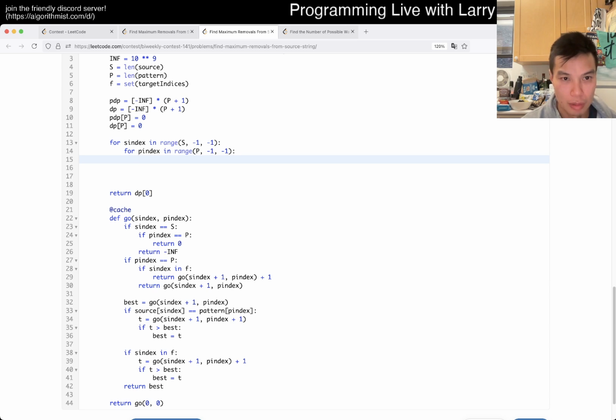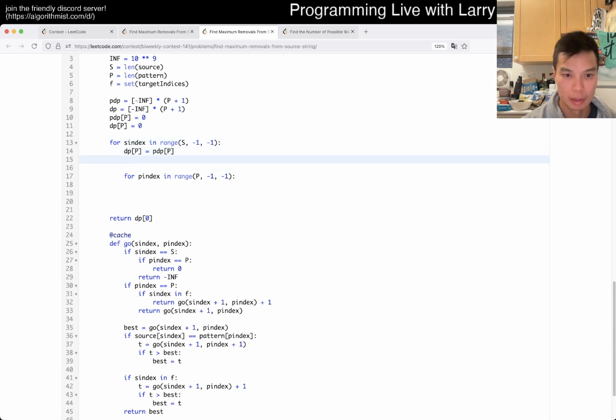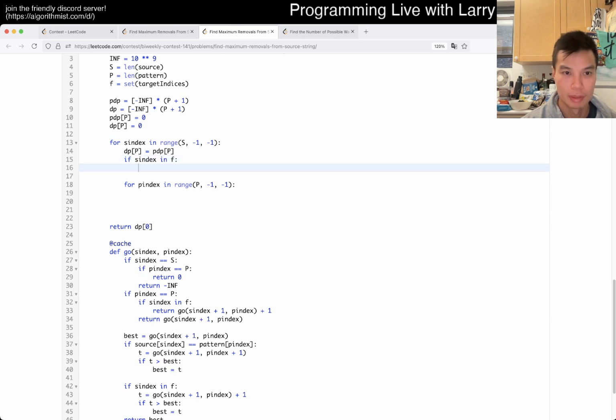Okay, so then now dp of P is equal to dp of P, maybe, if S index is in F, then dp of p plus 1, right? And then now you have this thing.